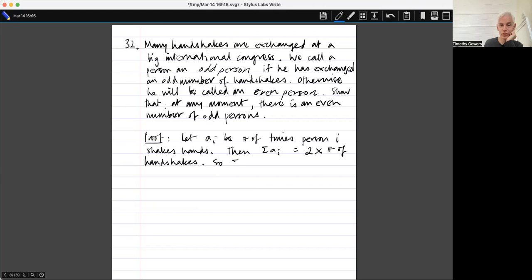So sigma ai is even, so an even number of ai are odd, which in the language of the question means that there are an even number of odd persons.